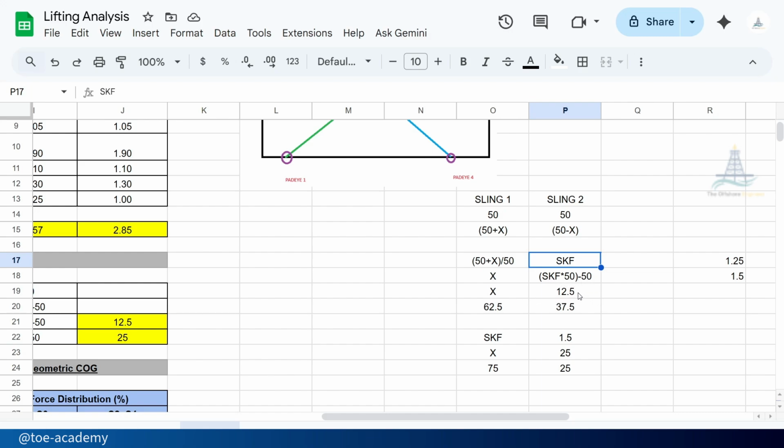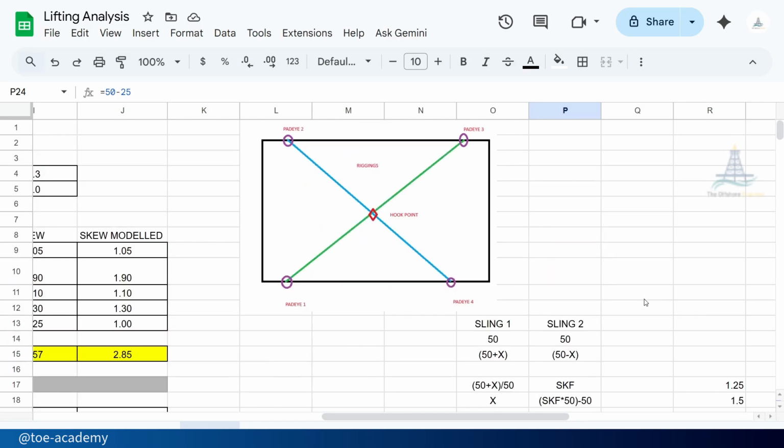So you will get a factor of 12.5. That means when you consider a skew factor of 1.25, you will get a split in the percentage load of sling 1 and sling 2 as 62.5 and 37.5. Now if you consider a skew factor of 1.5, if you do the calculation, you will get a percentage split of 75% and 25%. So this is the idea behind the skew.